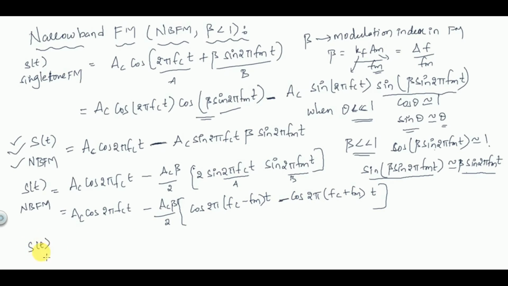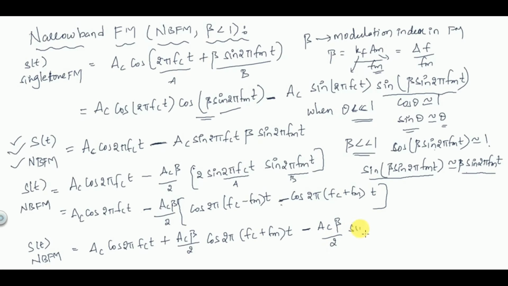So if you take outside, the standard time domain equation of NBFM is given by Ac cos of 2 pi fct. Okay, so plus, I'm taking the upper side band first, so minus into minus becomes plus here, plus Ac beta by 2 into cos 2 pi fc plus fm into t, minus, so minus into plus becomes minus, Ac beta by 2 into cos 2 pi fc minus fm into t.